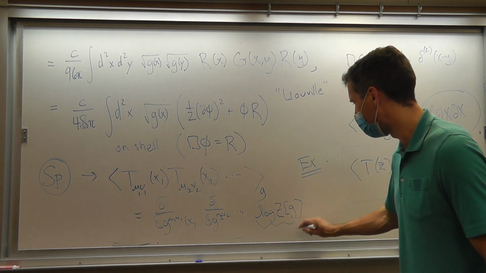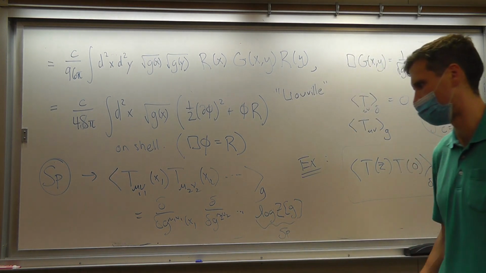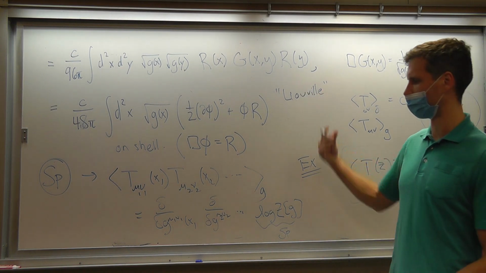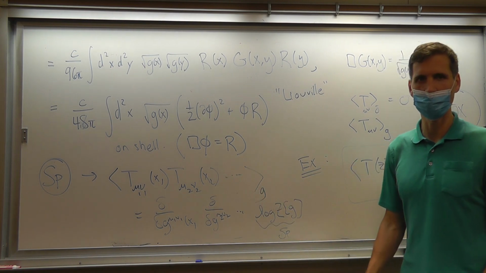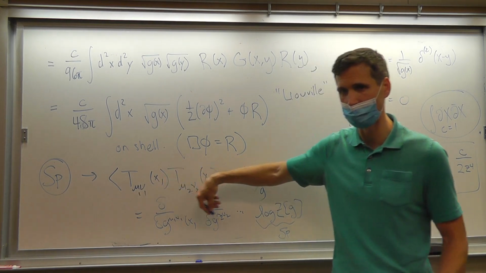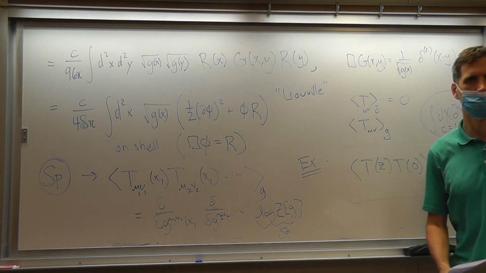And we calculated log Z of g. This is the Polyakov action. So the Polyakov action is the generating function for the stress tensor correlators. I've dropped some 1 over root g's in this formula. It's not quite right as written, but it's roughly right.